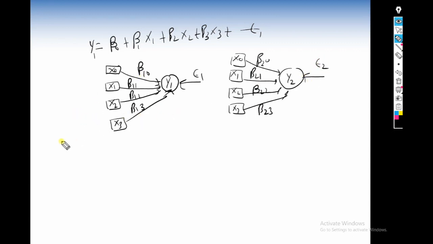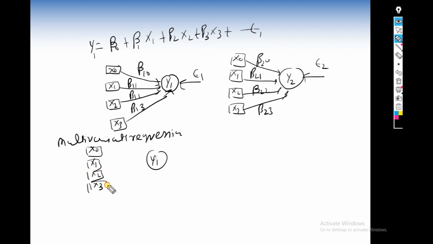Now we write the multivariate regression. What does multivariate regression mean? When we combine both, y1 and these independent variables x0, x1, x2, x3, and another dependent variable.